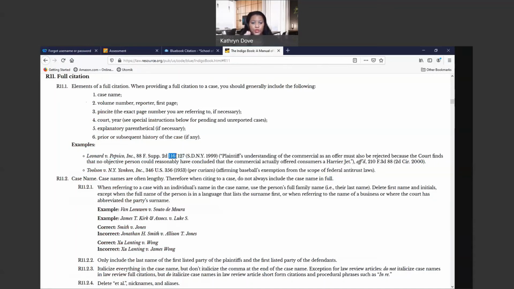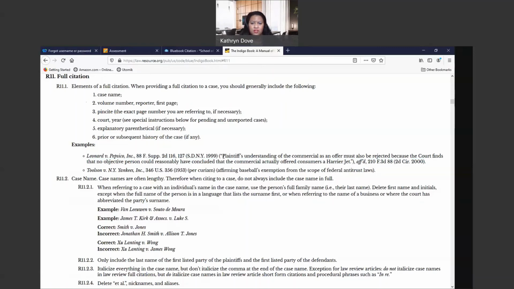If I was to pick up Fed Supp, Federal Supplement, it's a book of federal cases. If I was to pick up volume 88 and turn to page 116, I would find this case, Leonard versus Pepsi. And this comma to 127 means that on that page, I find the point of law that is relevant that I'm going to use in my essay.